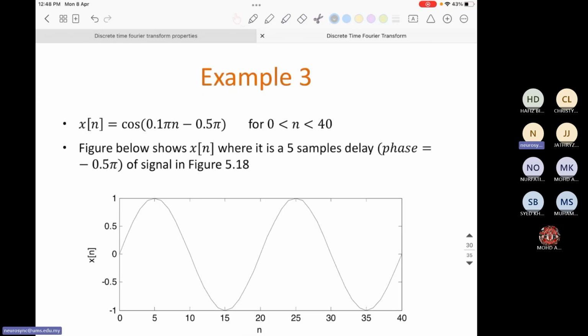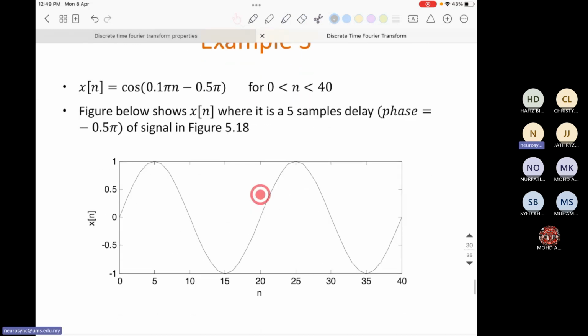Now this is the next example. This is the same, but this phi is added here. The phase is added, 0.5 pi. And what if you add the phase of minus 0.5 pi?